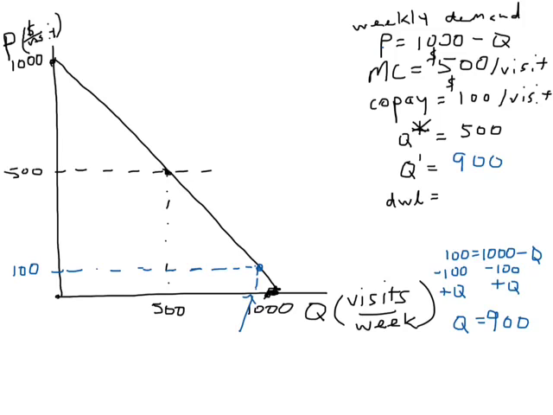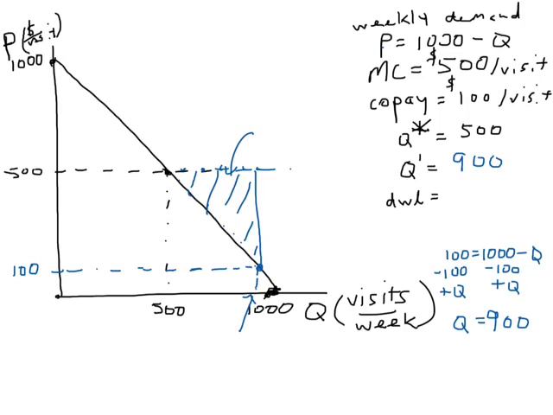And then deadweight loss is a little bit harder, but not that much harder. Remember that every visit costs us 500 to provide, and the value of each visit is given by the demand curve. If I want to know the social loss associated with the moral hazard associated with that insurance, I'm looking at this area shaded in blue.